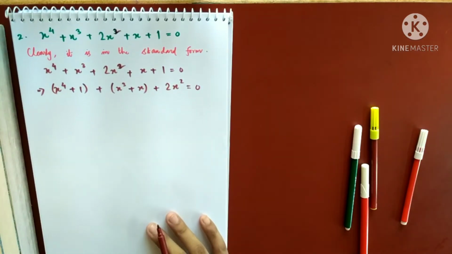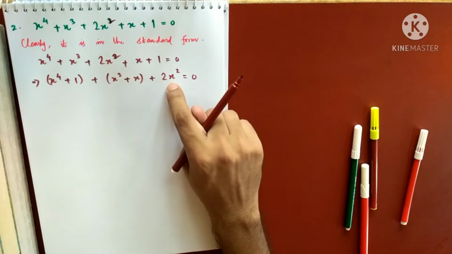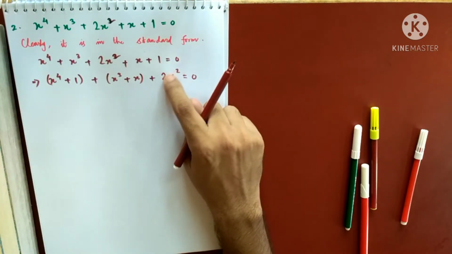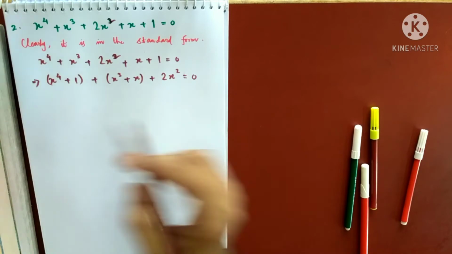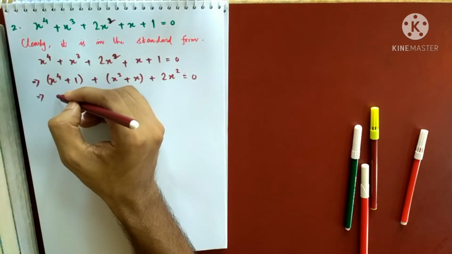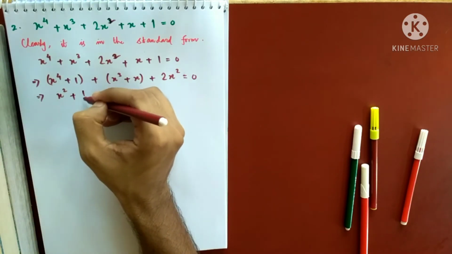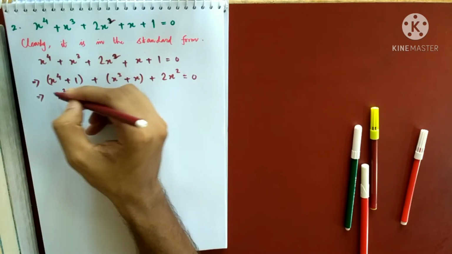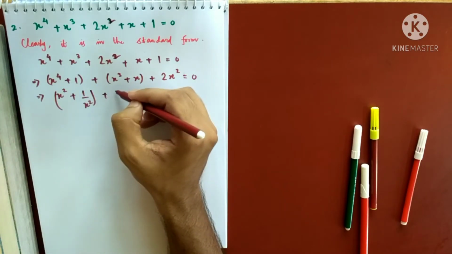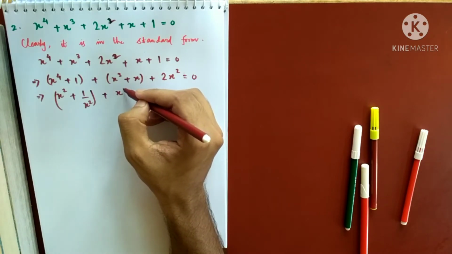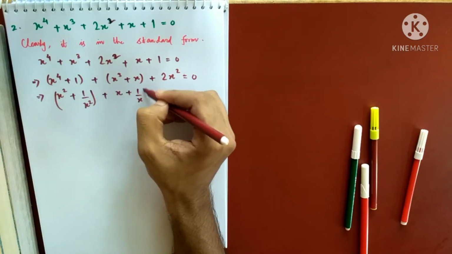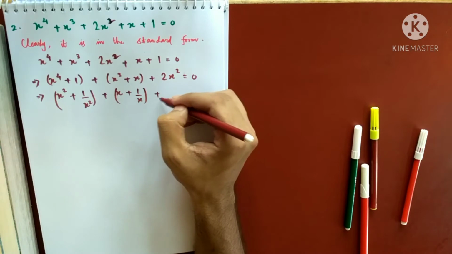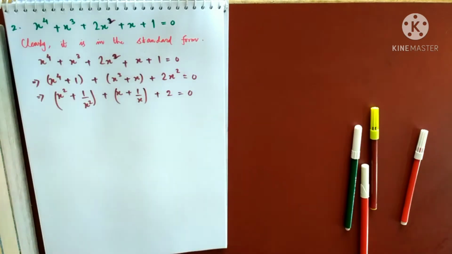Then we divide by x square. Dividing by x square, this will become x square plus 1 by x square, this will become x plus 1 by x, and this will become 2 equals 0.